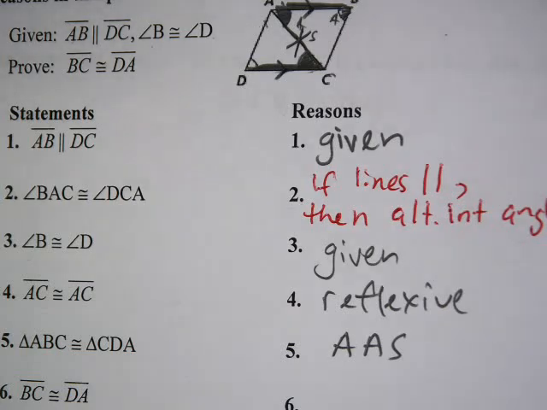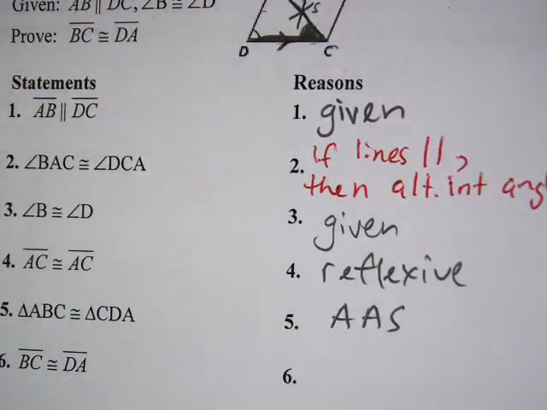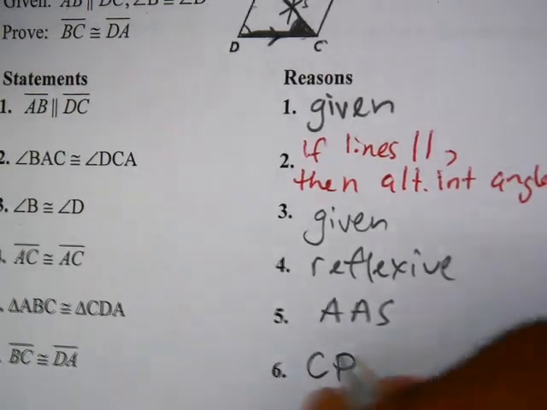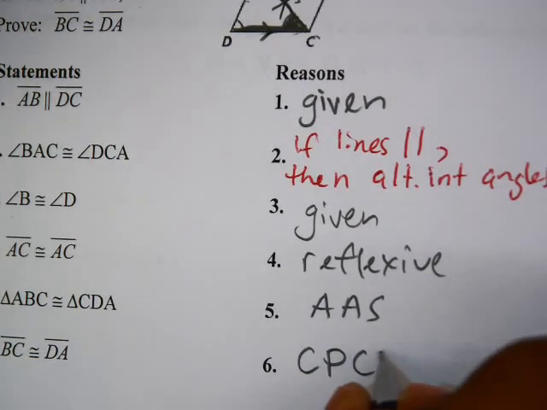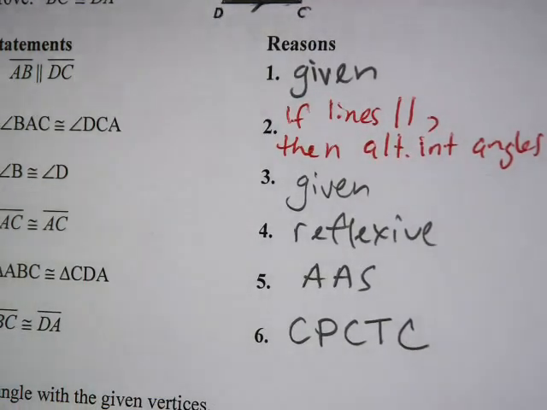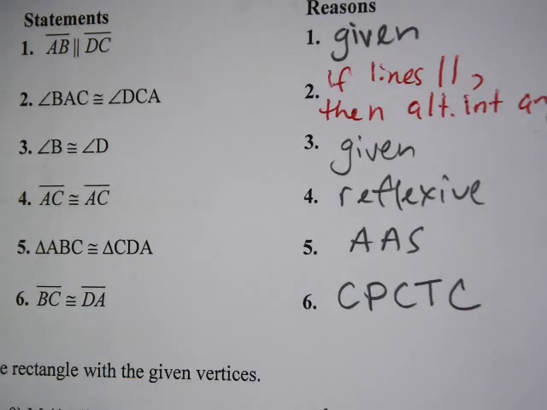And the last statement is that BC is equal to DA. Okay, we have equal triangles. And if I have equal triangles, these parts should also be equal. That's a special thing in geometry called corresponding parts of congruent triangles are congruent, or CPCTC. Basically meaning if your triangles are equal, all the matching parts should be equal.